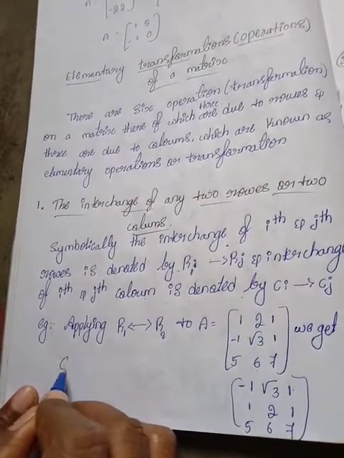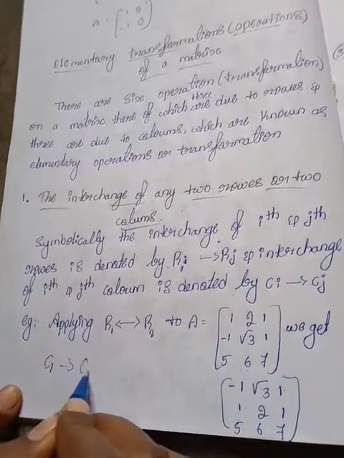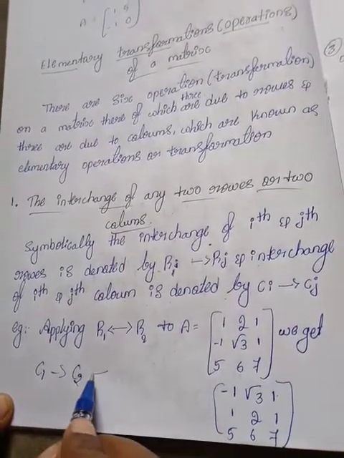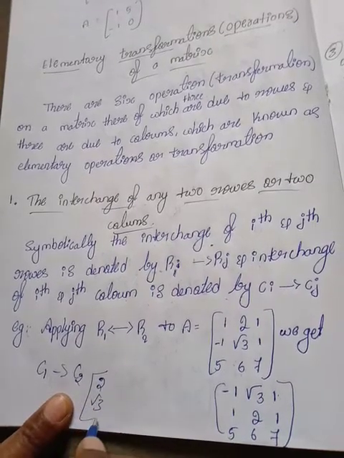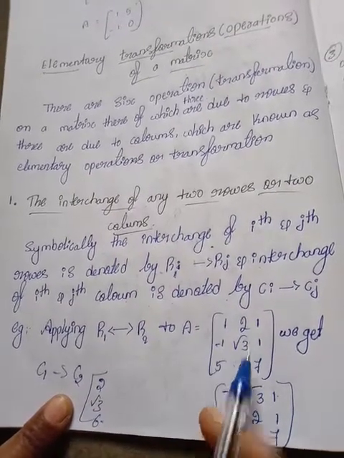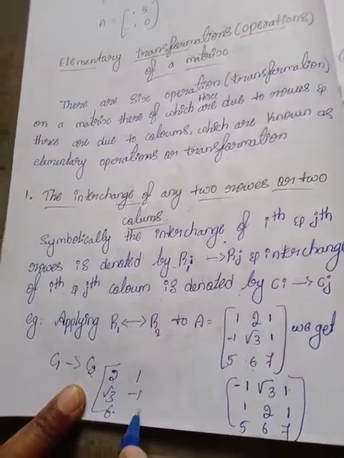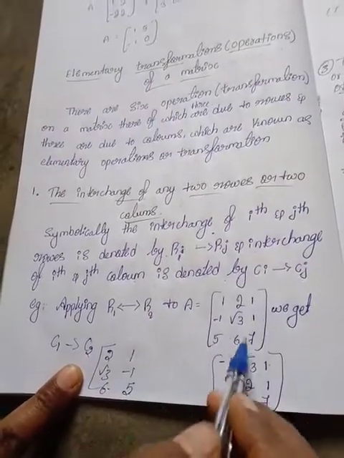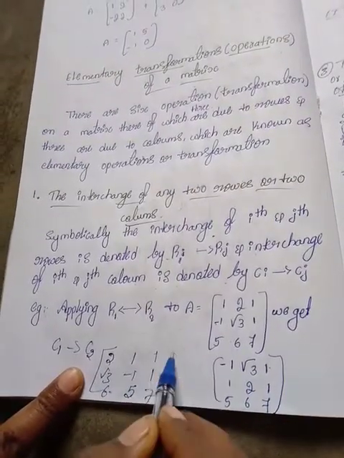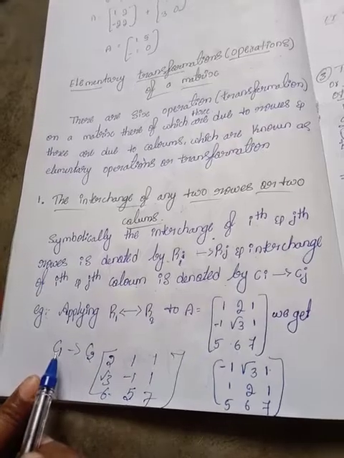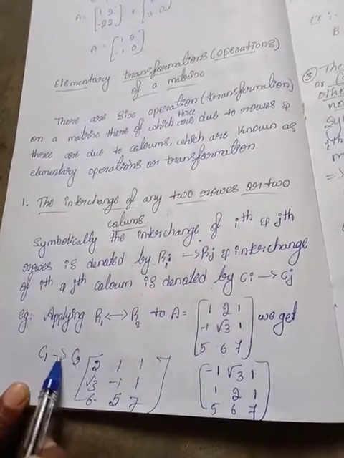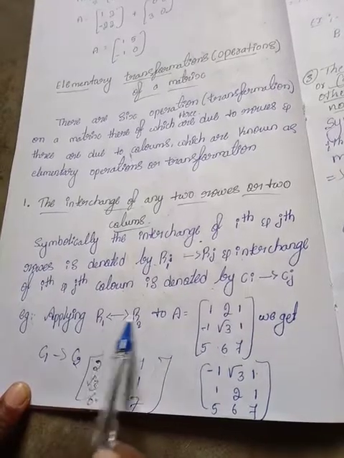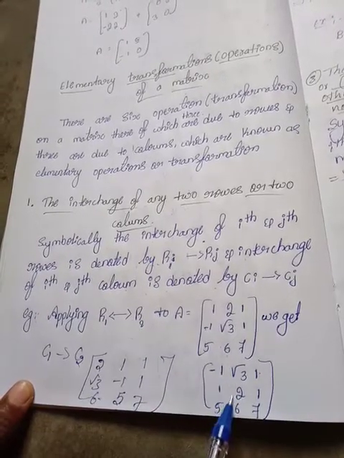If I change C1 to C2, I get the second column written first, 2 root 3 6, the first column written second, 1 minus 1 5, and the third column as it is. Why? Because here I change only C1 to C2. So if you change column wise, we get this; if you change row wise, you get this. This is your first step.